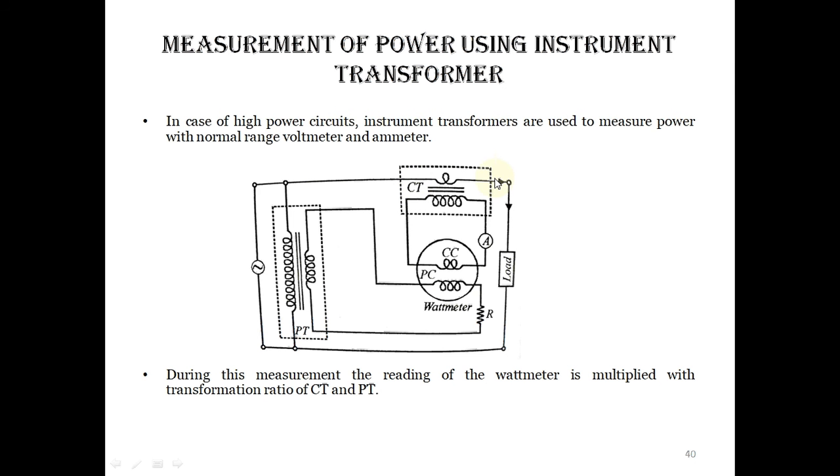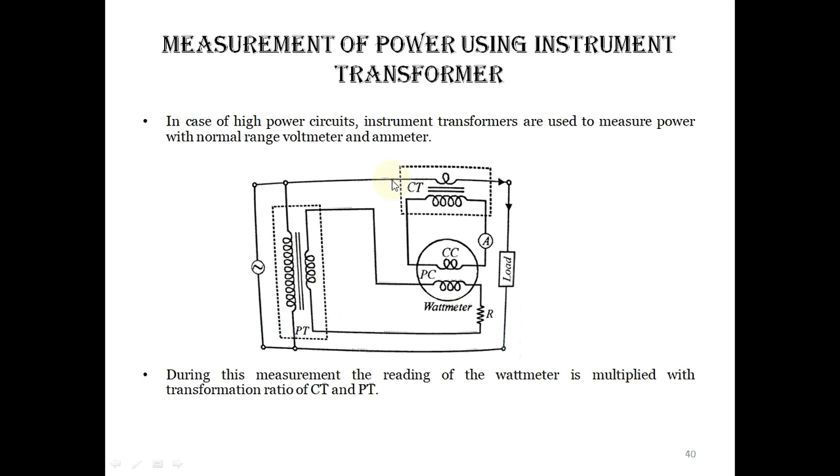CT is inserted in series with the line. It is coming through the load and coming back through the load. So you have taken a single phase system. For three phases, each phase will require this type of construction.